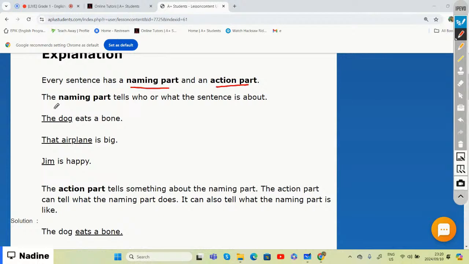A naming part tells us who or what the sentence is about.